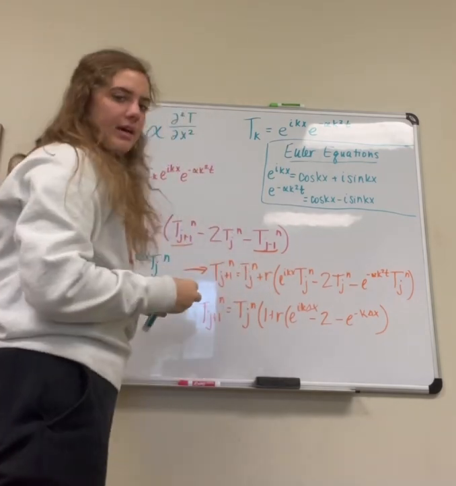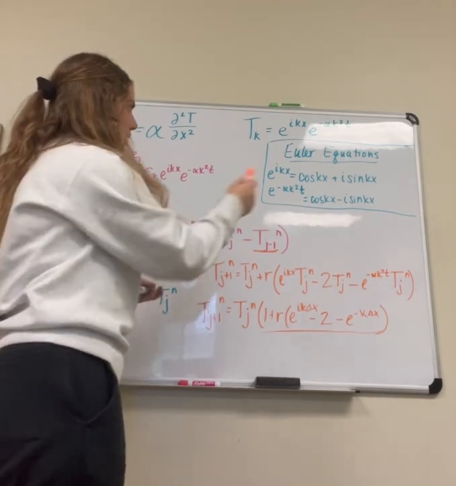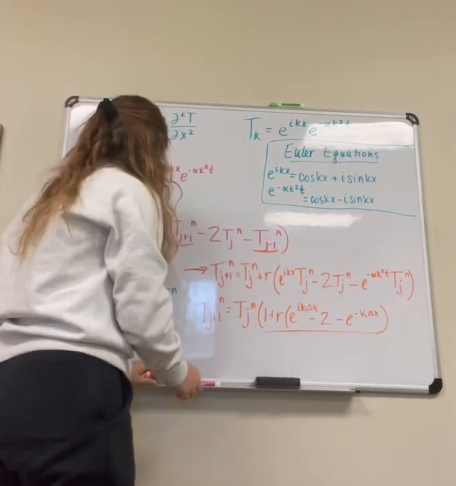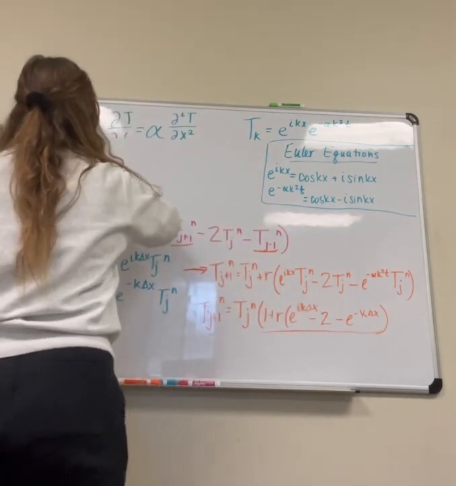And so now that we have this equation right here, we're going to be able to plug in our Euler equations. So let me erase some of this up here.